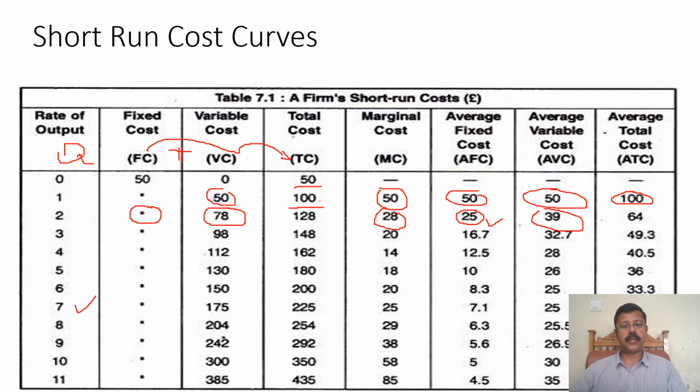Therefore, average total cost, you can do it two ways, either 128 divided by 2, or you can simply add these two things, average fixed cost and average variable cost, and you will arrive at this one, right? So this is how we calculate fixed cost, variable cost, total cost, marginal cost, AFC, AVC and ATC. Okay, so these last 4 columns are very important for our examination and other purposes.